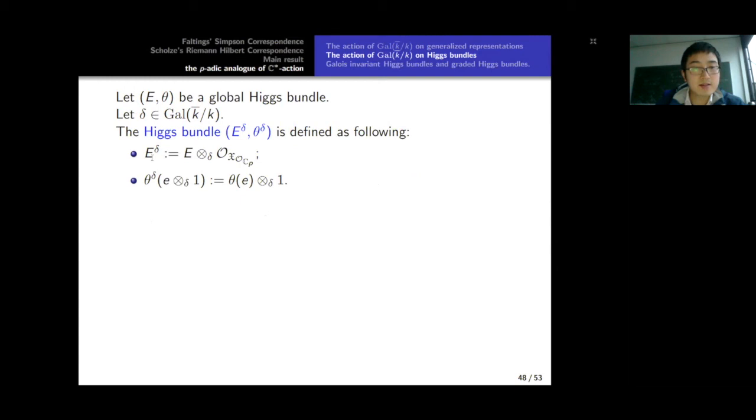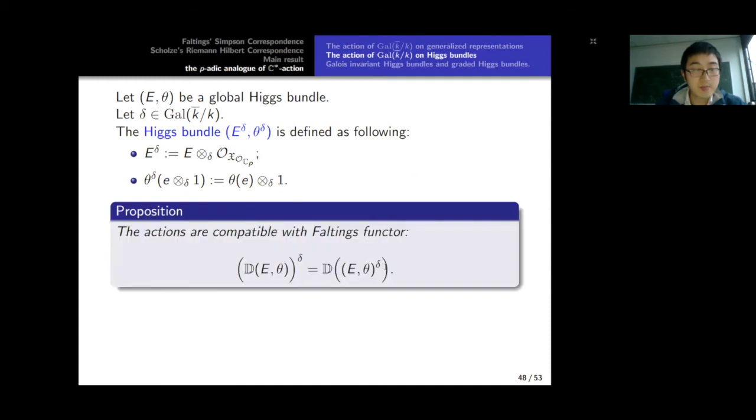The Higgs bundle, the underlying module, similar as before, is defined by E twisted by this delta. Similarly, the Higgs field is defined in this way. A proposition is that under the modified Faltings' p functor, we have this equality, which means the modified Faltings' p functor commutes with the Galois action.